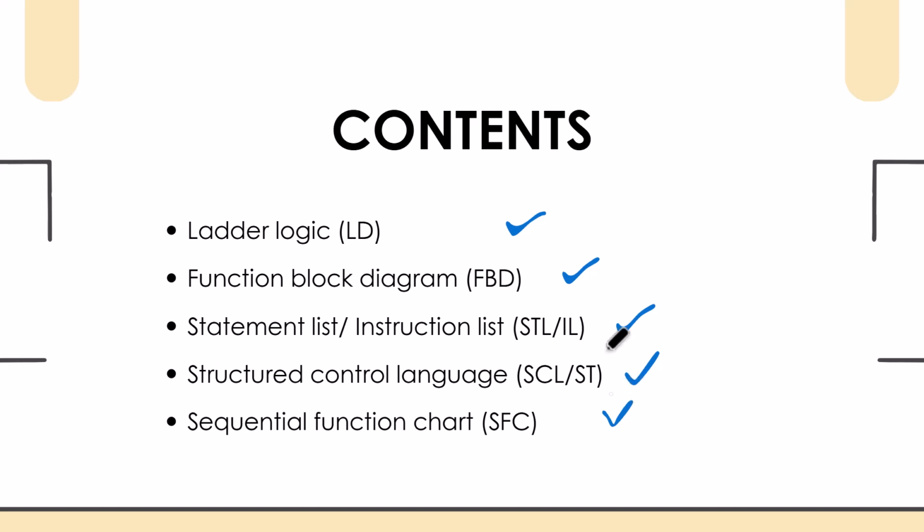So these are the 5 programming languages according to the IEC, the International Electrotechnical Commission standard 61131-3. According to this standard, these are the 5 languages which can be used for the programming of PLCs. Programmable logic controllers are industrial computers. So let's talk about each of the languages one by one.